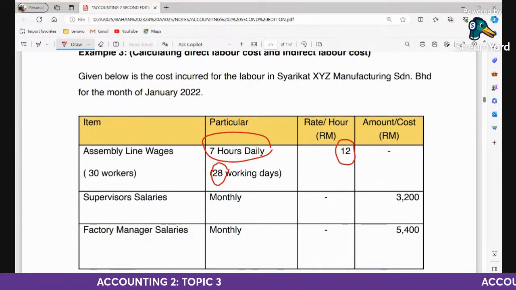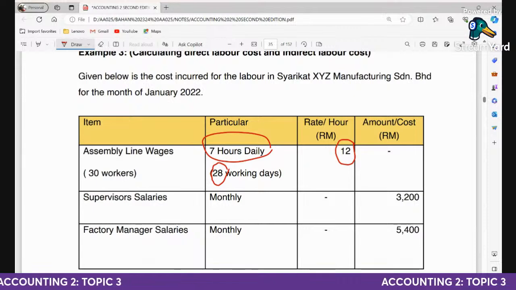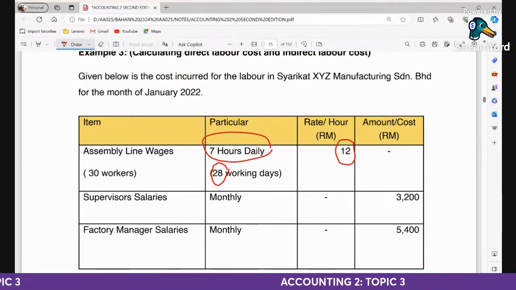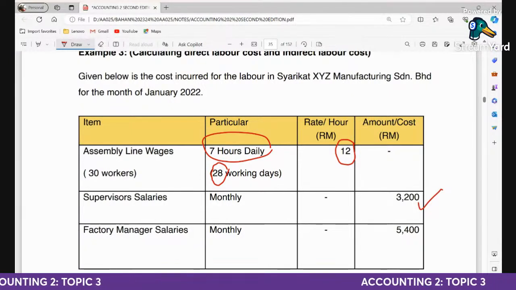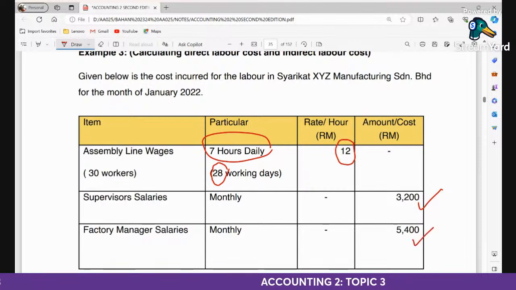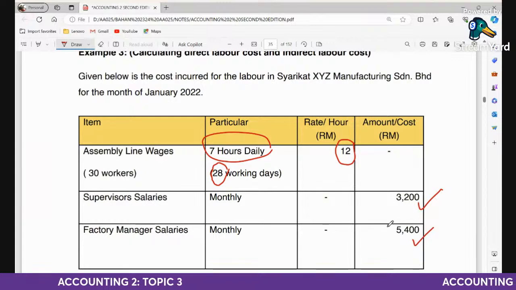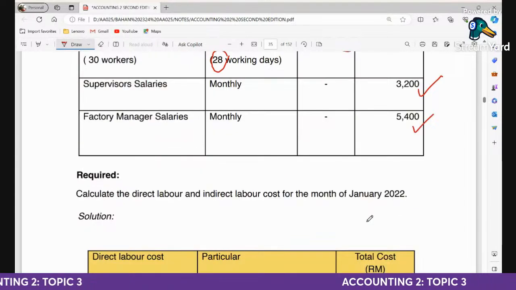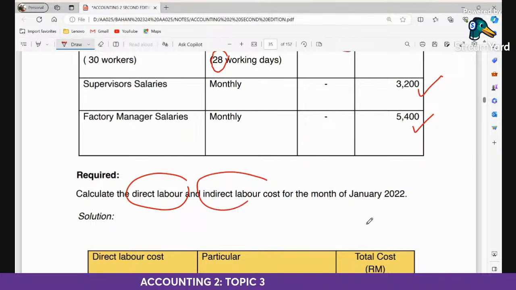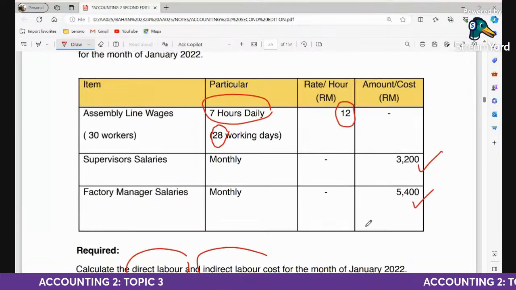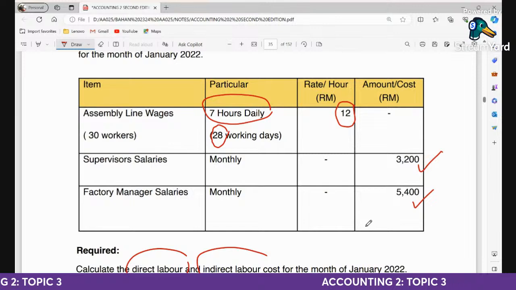Whereas here you have the supervisor salaries yang dibayar gaji bulanan. So dia tidak ada rate per hour sebab ada satu nilai tetap which is 3,200, and then factory manager salaries dia ada gaji yang dibayar secara tetap secara bulanan which is 5,400. So how do I calculate the direct labor and indirect labor? The first thing you need to do is actually classify, siapa direct labor, siapa indirect labor.